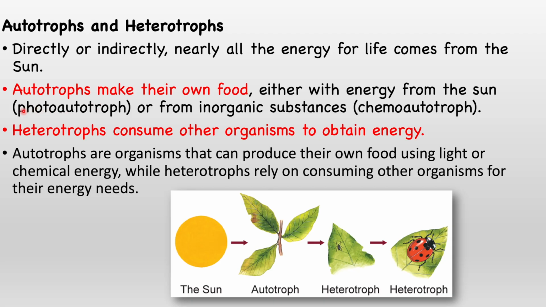So they depend on light energy to make their own food, and a big example is the plant. And the other type is the chemoautotroph. That means this organism depends on the energy that came from whom? From the chemicals. So both of them build their own food, but with different sources of energy.